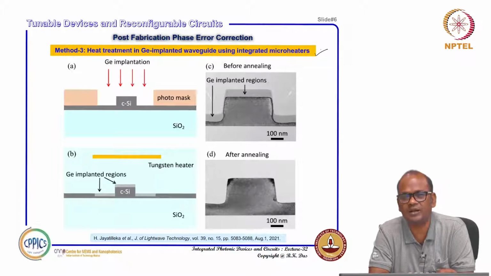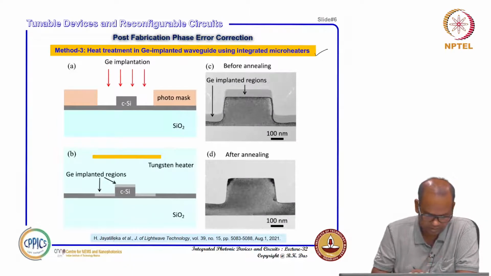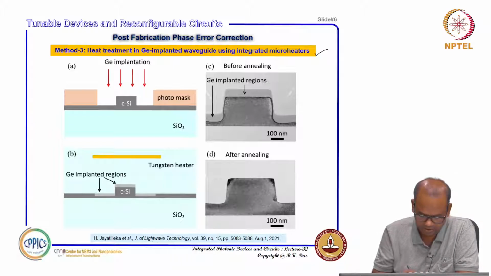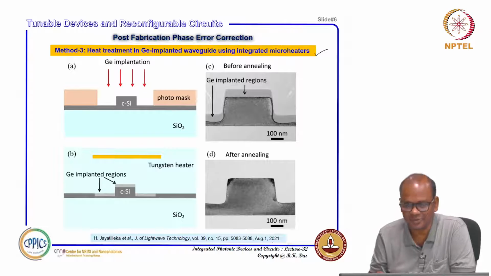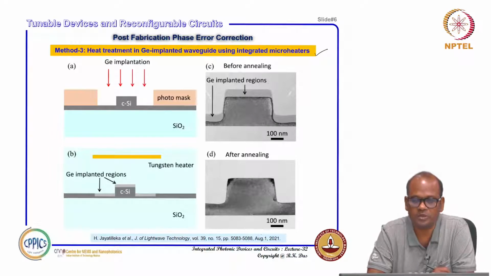You do not need an external, expensive femtosecond laser source for this type of treatment, and you can also do it at wafer scale, 300 millimeter wafer scale. Jaitilaka et al, a group of authors, published an article in Journal of Lightwave Technology, just published in August, last month, 2021. I find it very interesting and thought it could be very useful information for this course.